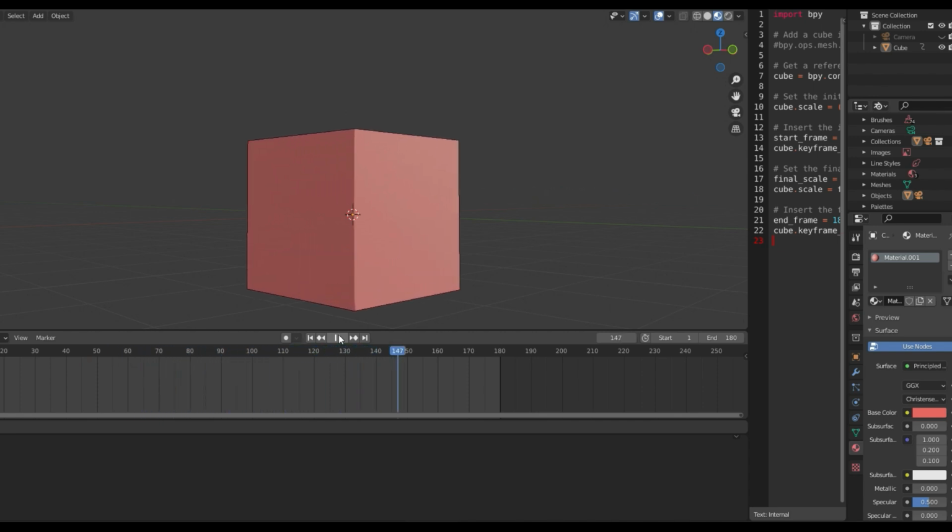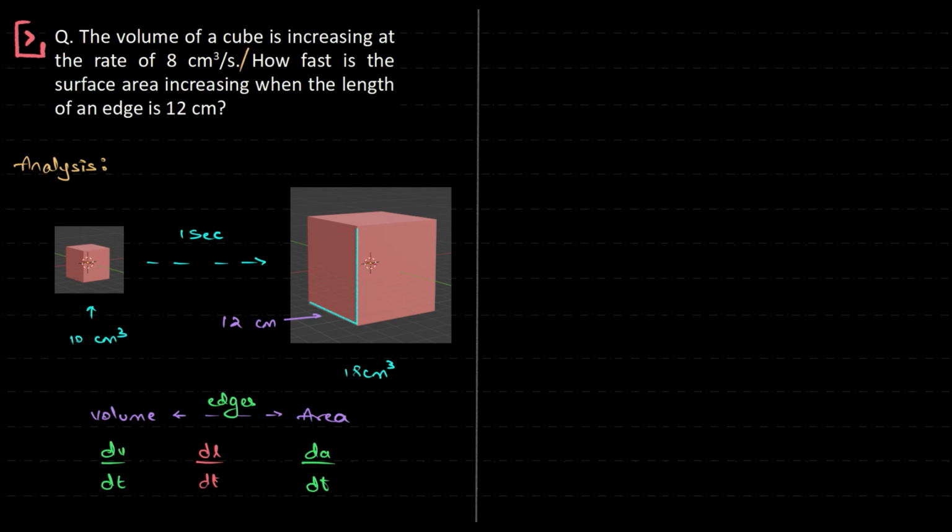So if I am able to find the rate at which the edge is increasing, I'll be able to relate that to the area, and so we'll be able to find the rate at which the area is increasing. Okay, so this is how everything is linked. Because with increase in edge itself, your volume will increase, and with an increase in edge, your area will increase. So this is the common factor, right?